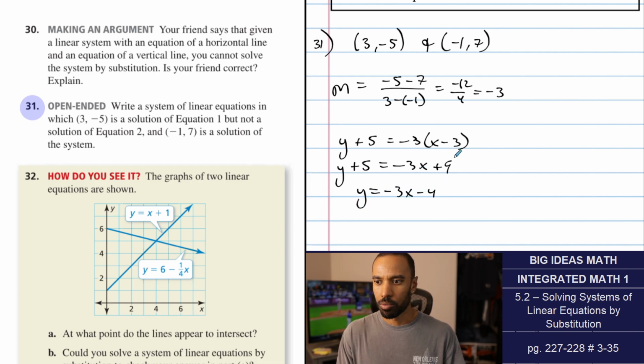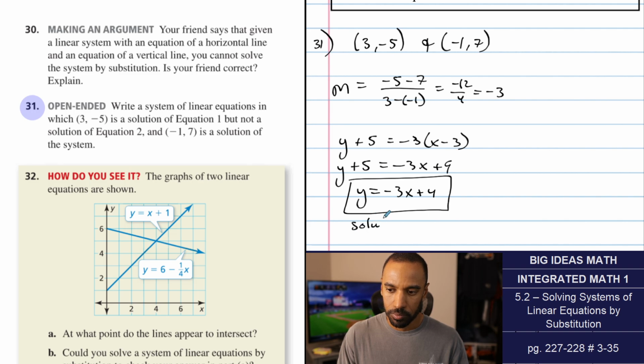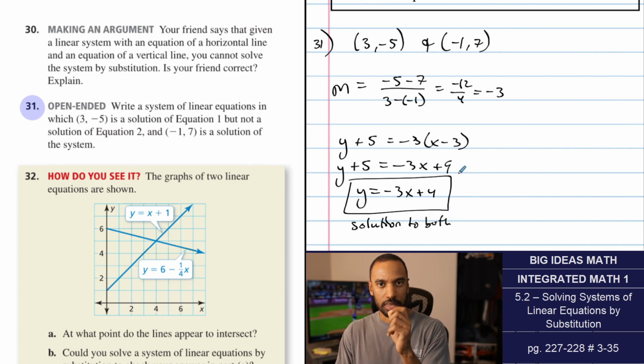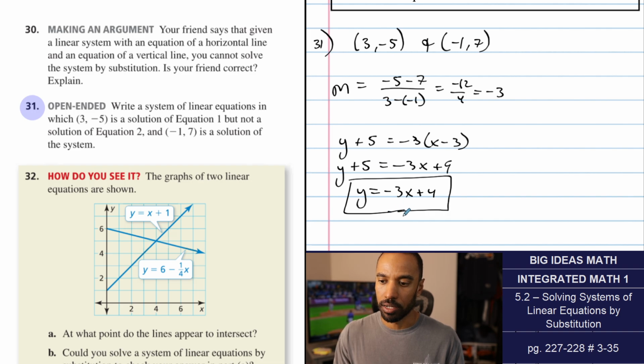Okay, so this, or plus 4. So y equals -3x plus 4 is one of the equations. That's just one equation. That is our equation number 1.